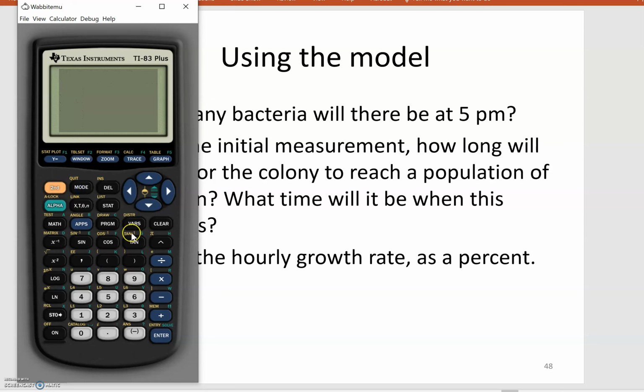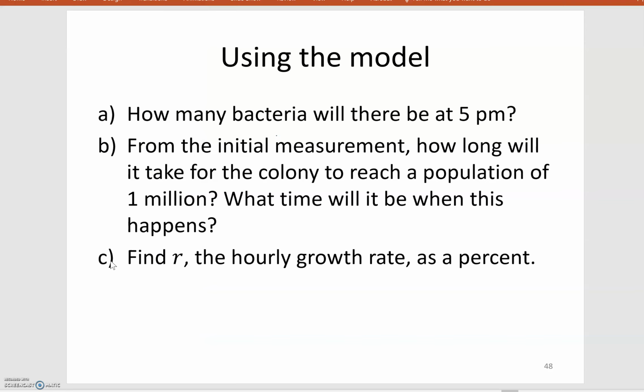All right, that's my model. And then I just want to evaluate that model. So 5 p.m., if we started at 8, that's going to be 9 hours. So after 9 hours, we have 6,049. Rounding to the nearest bacteria, that'd be 6,050 bacteria.